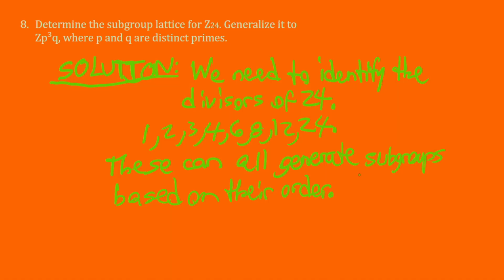So recall that for a cyclic group, the order of a^k was equal to n over the greatest common divisor of n and k.